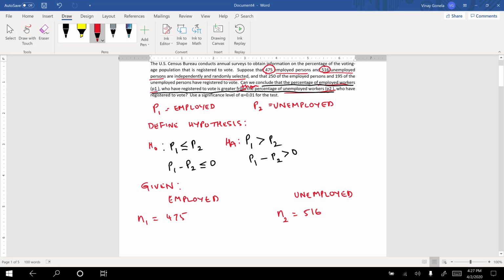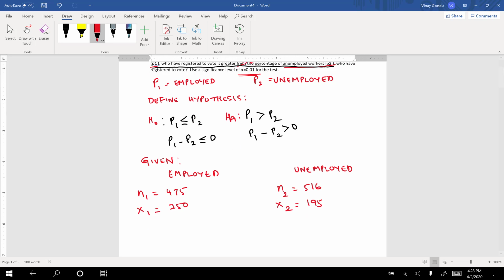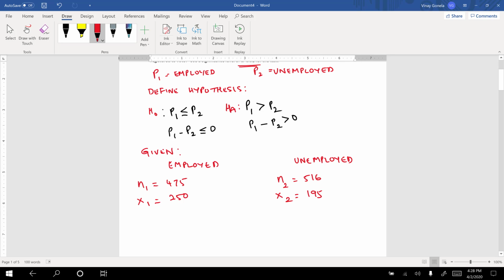Out of those selected, 250 of the employed persons and 195 of the unemployed persons have registered to vote. So your x1 would be 250 for employed, x2 would be 195 for unemployed, and the significance level alpha is 0.01. So this is the data given.